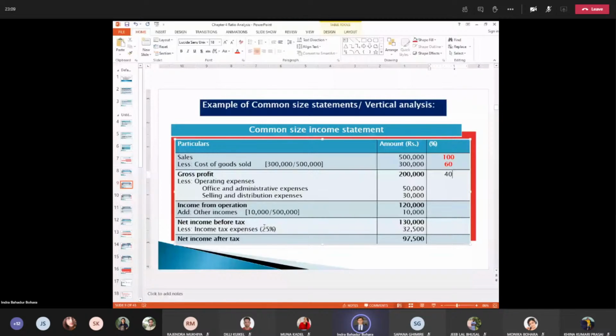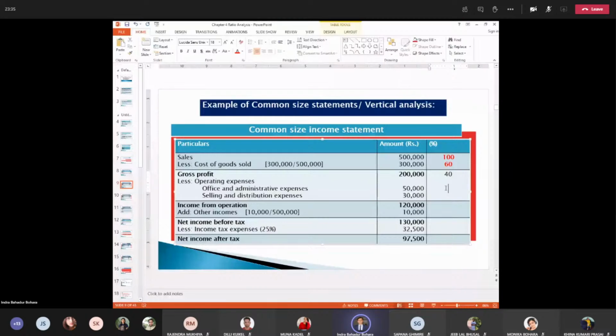Another is office and administrative expense. It is 50,000, divided by 5 lakh rupees. All the percentages of these components of the income statement are calculated on sales. So when sales is 5 lakh rupees and 50,000 is office and administrative expenses, what percentage is office and administrative expense?